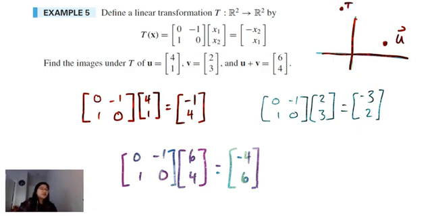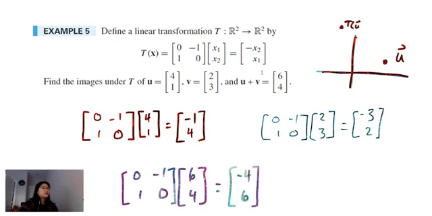So this is our T of u. What about 2, 3? So what we have here, 2, 3, is going to be like up here, we have v. Then our image of v is going to be -3, 2. Oh, forgot parentheses.